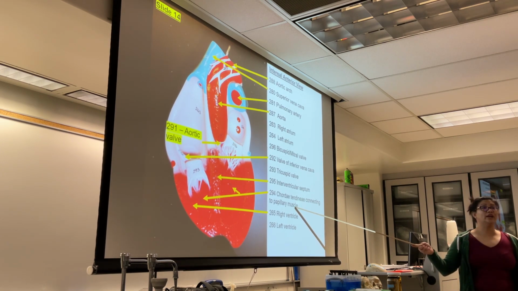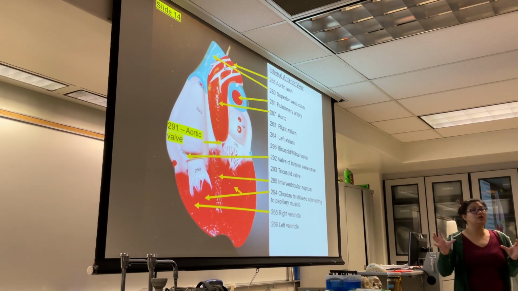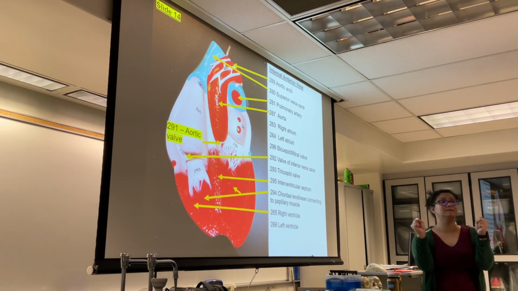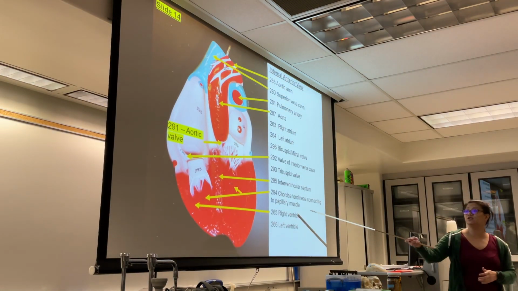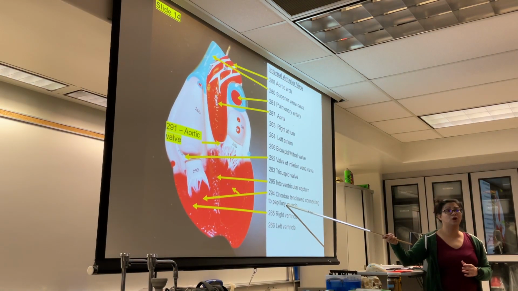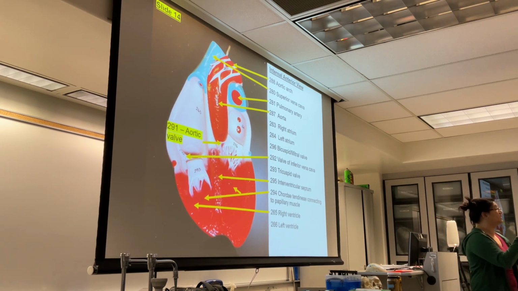So what ends up happening here is, remember, your ventricles are going to contract. When they contract, because those papillary muscles are still part of the ventricular wall, those papillary muscles also contract. They will shorten.